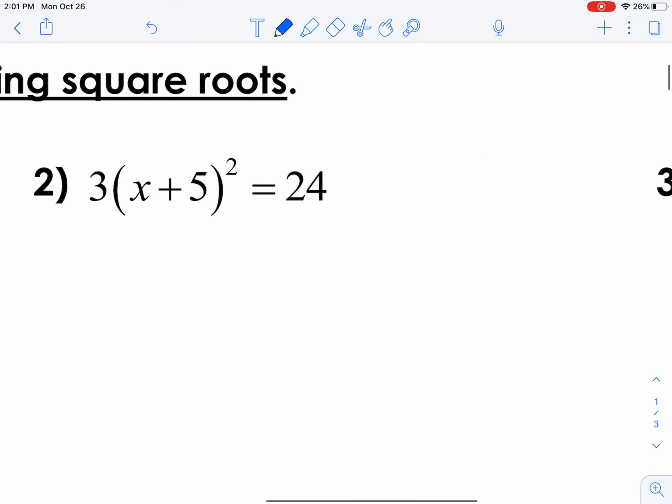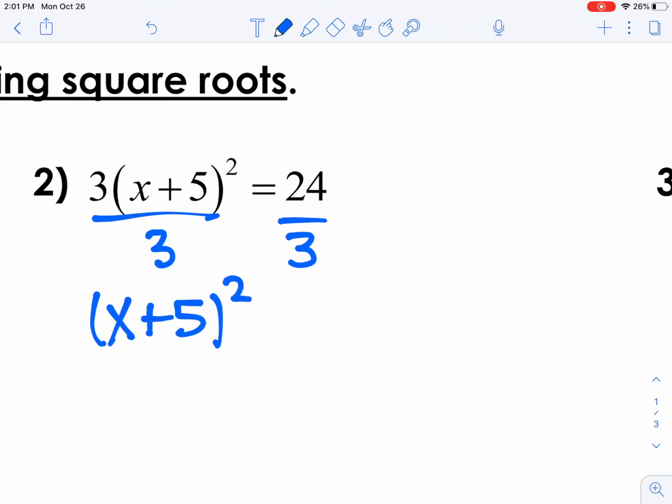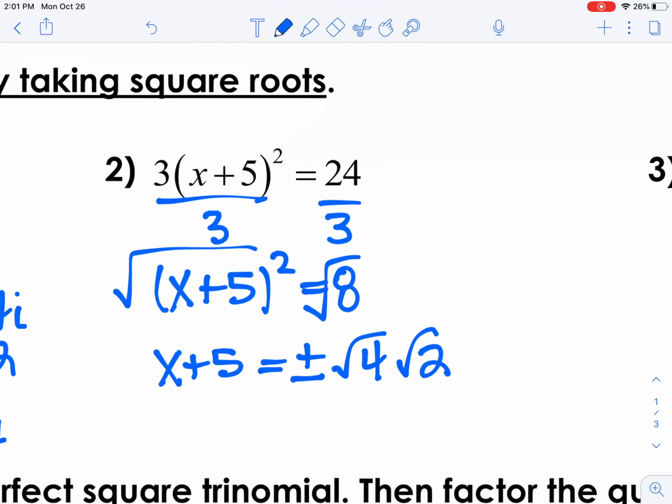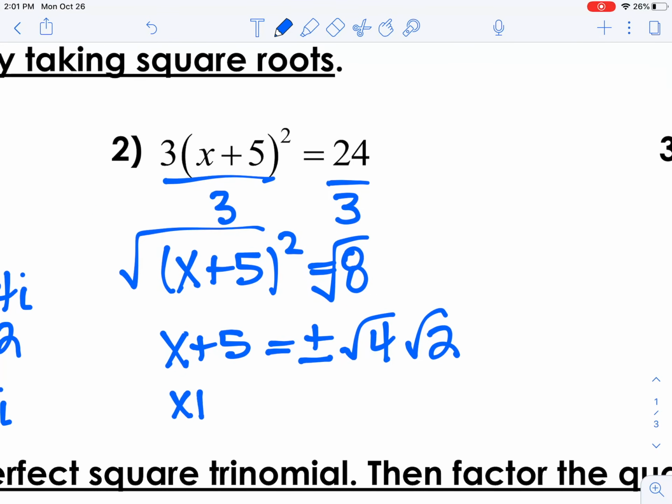Okay, then over here, number 2, first we divide away that 3. That leaves me with x plus 5 squared is 8. Then we square root both sides and we get x plus 5 is plus or minus. Now to simplify the square root of 8, we get square root of 4 and 2, so 2 radical 2.